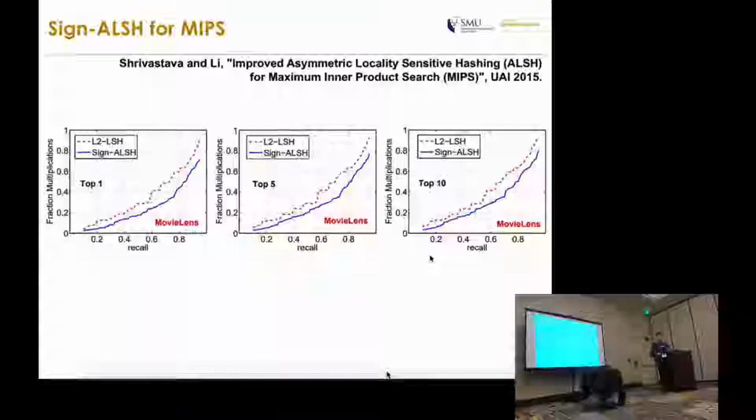So this is to say that the asymmetric LSH scheme for cosine similarity is more efficient compared to the LSH scheme for L2 distance.